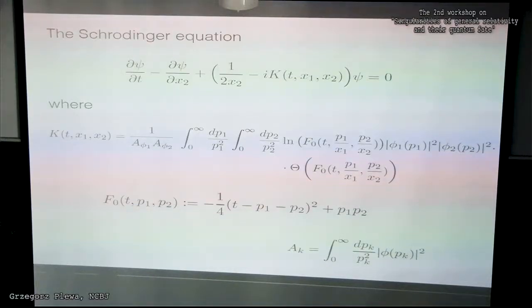This is relatively simple, except for the fact that there is a non-trivial function k, and here there is a Heaviside step function, as well as the logarithm. This step function is necessary in order to guarantee the Hamiltonian is well defined.